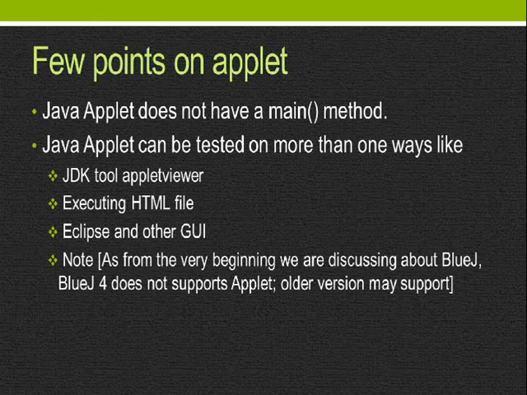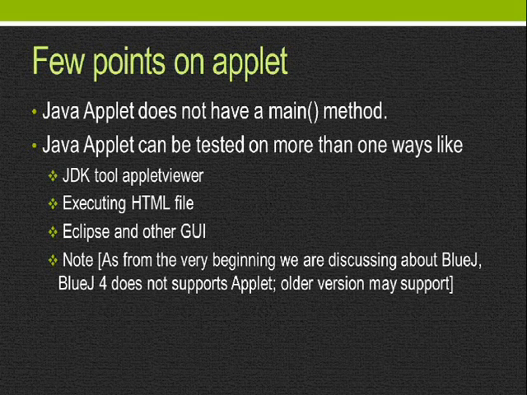Now a few points on applet. A Java applet does not have a main method. This is unlike other Java programs. Each of the other Java programs has a main method, but an applet doesn't have one. A Java applet can be tested in more than one way, like the JDK tool, applet viewer, executing an HTML file, Eclipse and other graphical user interfaces.